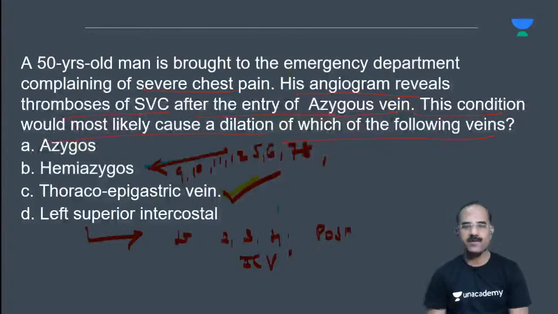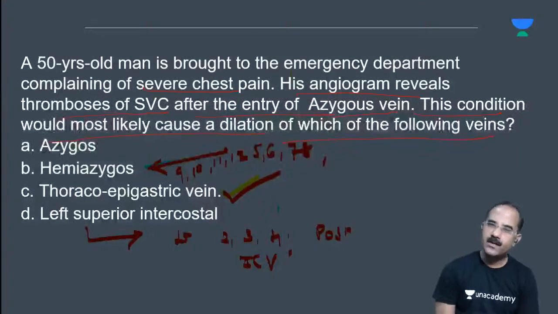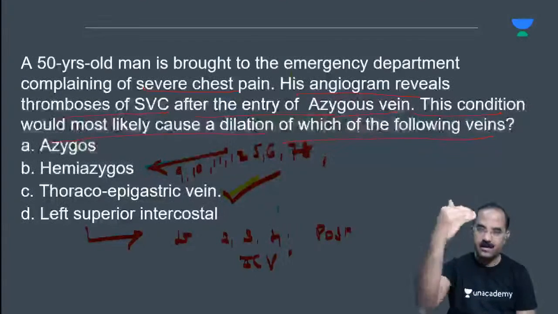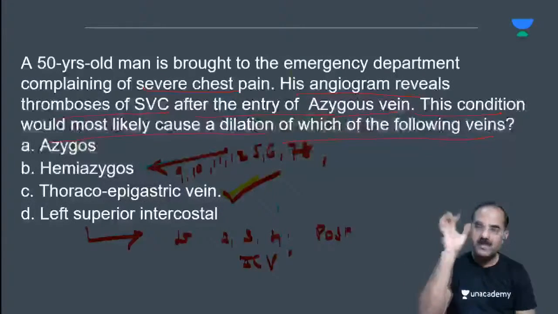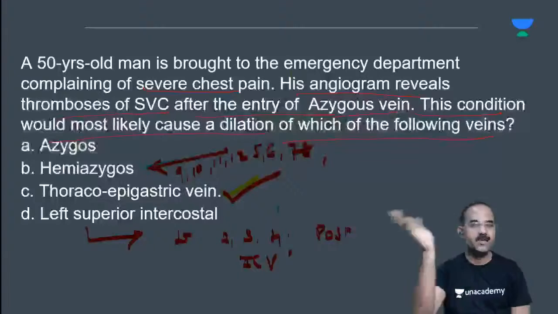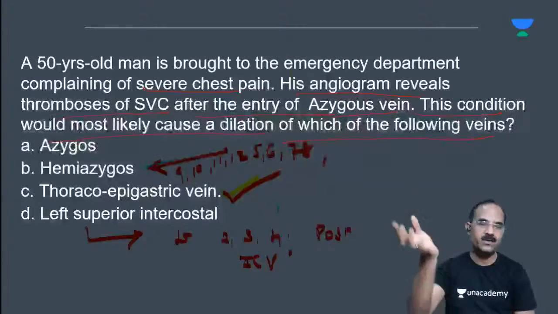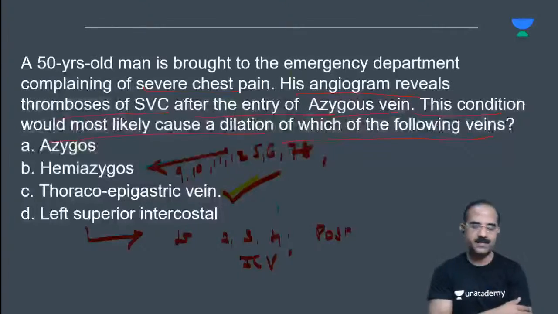Left brachiocephalic, right? The left superior intercostal vein drains into the left brachiocephalic. The right superior intercostal vein is formed by the joining of second, third and fourth right posterior intercostal veins, and drains into the azygous vein. Okay.